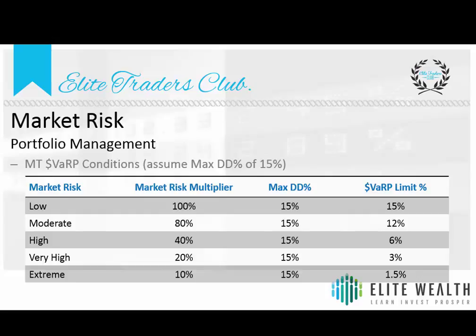And it's exactly the same principle that we need to think about when we're managing our portfolio. So we need to keep an eye on things and just be mindful of what's actually going on in the market, because at the end of the day, the number one rule for us is protection of capital.